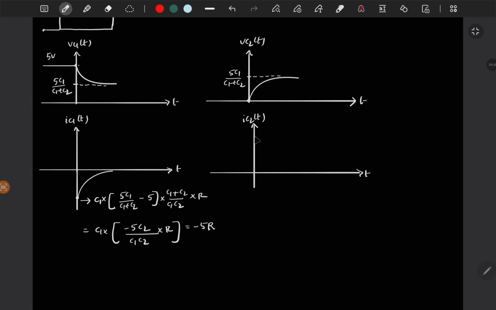So this should be some finite value and exponentially decay to 0, and this value should be the capacitor value C2 by time constant C1 C2 by C1 plus C2 by R. I think this should be 5 by R.